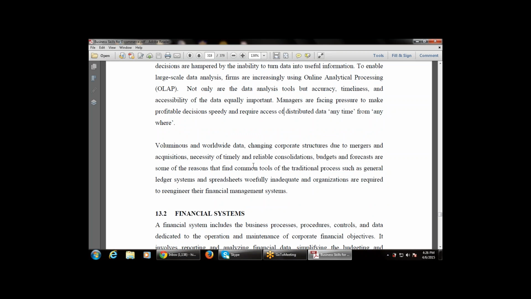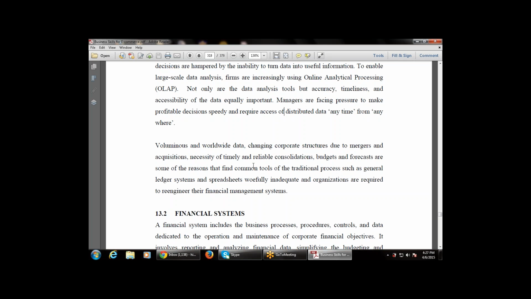Voluminous and worldwide data, changing corporate structure due to mergers and acquisitions, and the necessity of timely and reliable consolidations, budgets and forecasts are some of the reasons why traditional tools such as the general ledger system and spreadsheets are inadequate, and organizations are required to re-engineer their financial information systems.